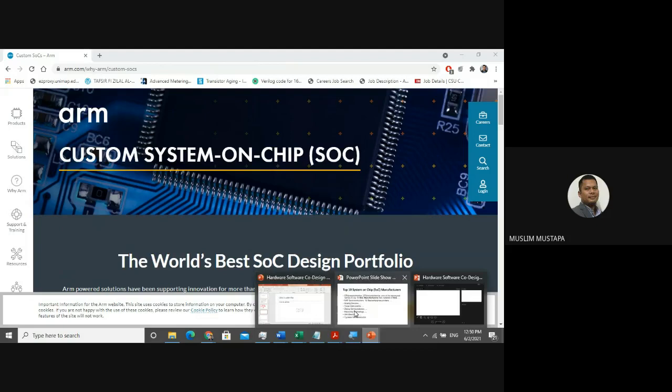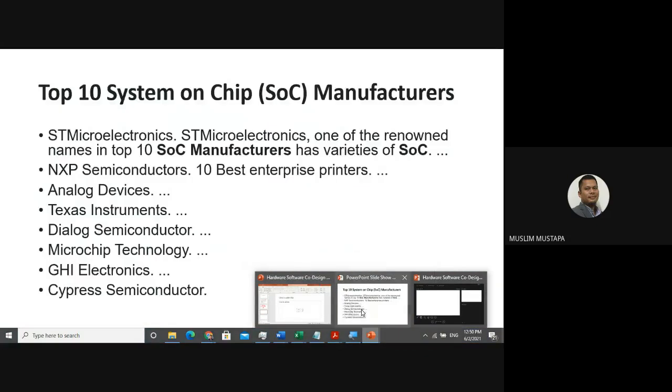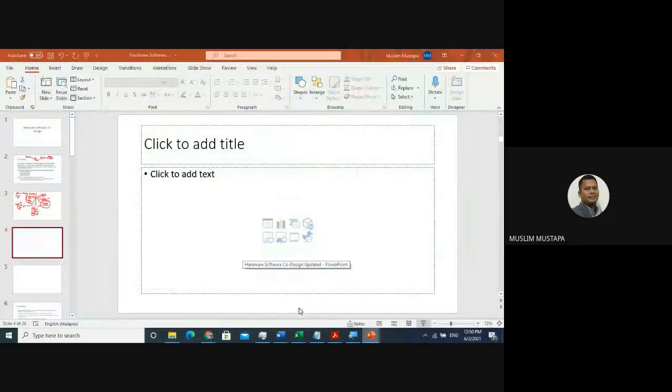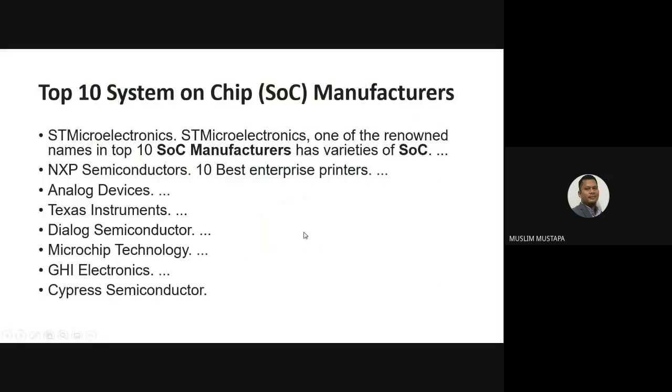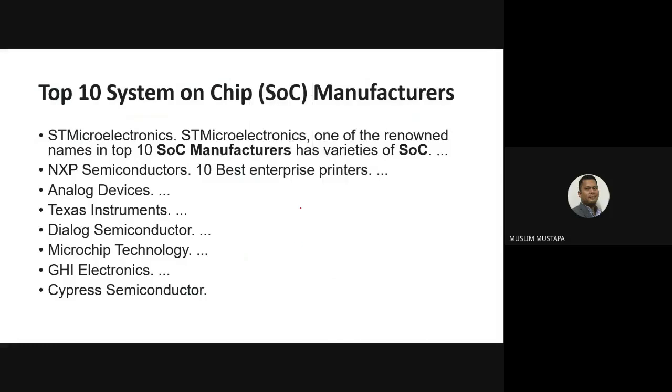All right. What I mean is that, okay, this is the ARM processor, right? And then this is the IP.